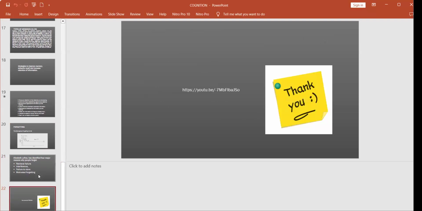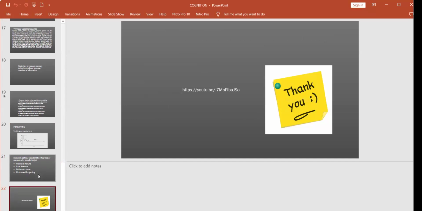cognition, right? In this unit, cognition, we discussed what cognition is by looking at some definitions, right? And then we discussed the first process of cognition, sensation and perception. And then we looked at Gestalt laws of perception.